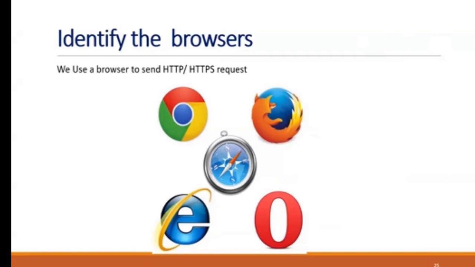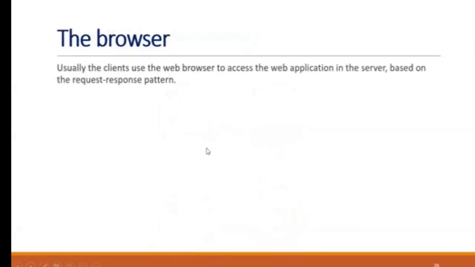So we need browsers to access websites, right? To send HTTP and HTTPS requests, we need browsers. These are the browsers, and we can get all of them. Usually there is a client. Let's say I'm going to connect with Facebook.